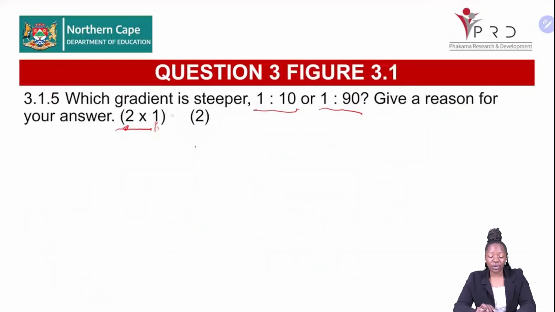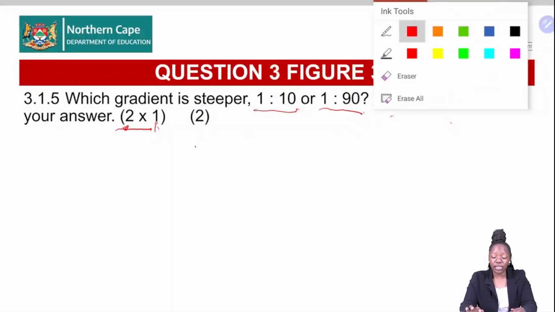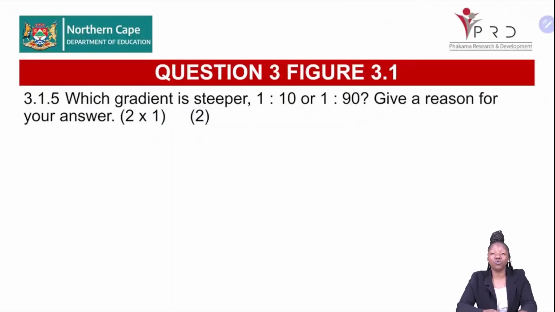Remember, we do not answer yes or no in this question, but we need to choose: is it a 1:10 or a 1:90? Then you give a reason for your answer. Again, I'm going to give you 2 minutes, and then after 2 minutes, we will proceed to the solution.